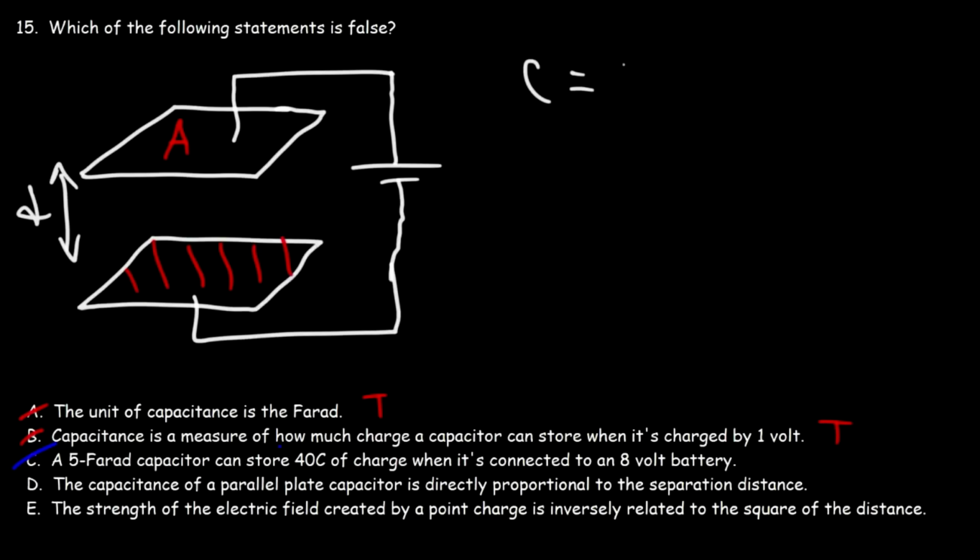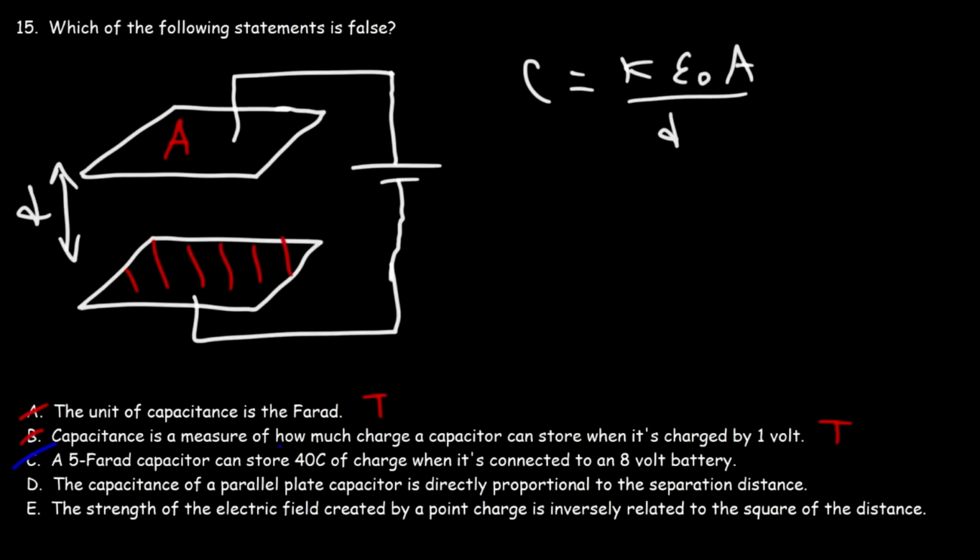The capacitance depends on the dielectric material K between the two plates. If it's air, K is 1, and then it's times the permittivity of free space times the area divided by the separation distance. So notice the separation distance is in the bottom of this equation.